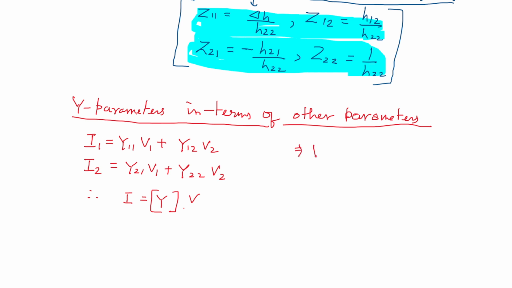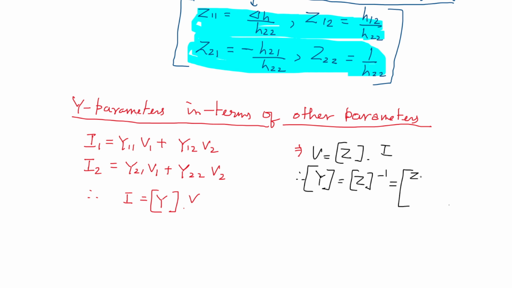So therefore V is equal to Z into I. So basically Y matrix is equal to Z matrix inverse.